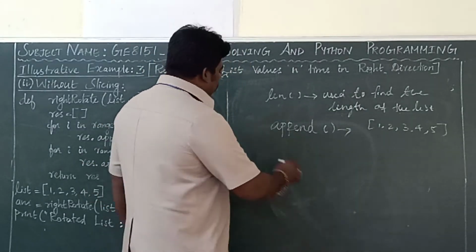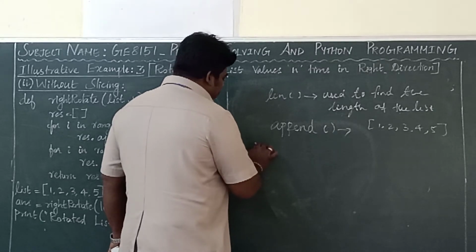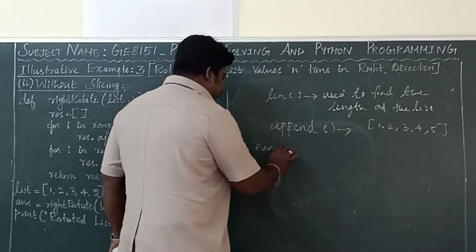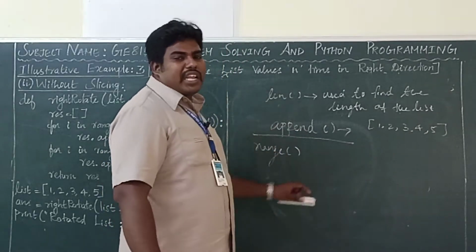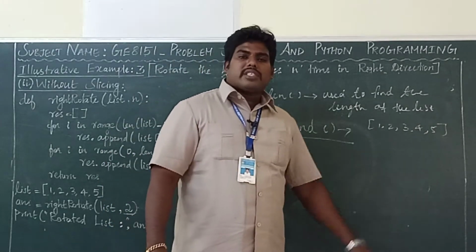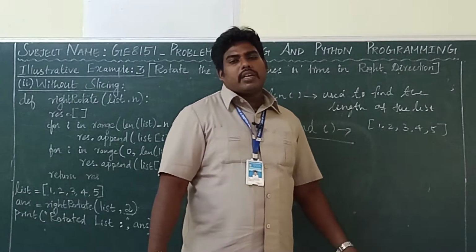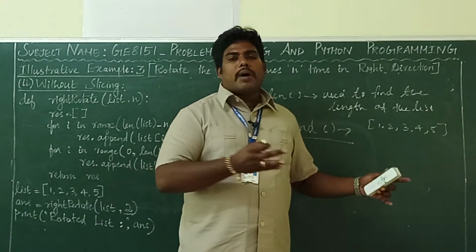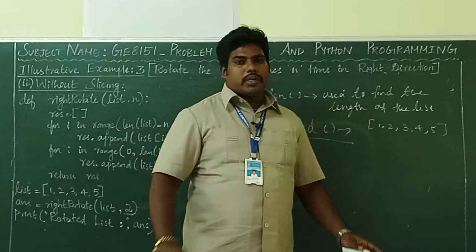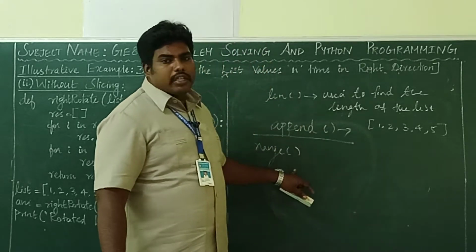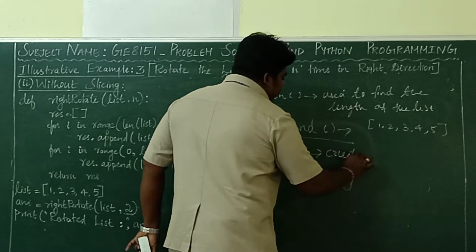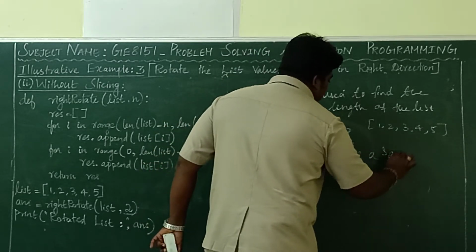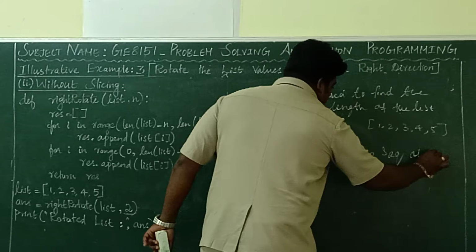Similarly, another function I used in the program does not belong to list, it is another function, range. What is range? Range is nothing but the values between two boundaries, lower and upper. Range is a function used to create a sequence, a collection of numbers.